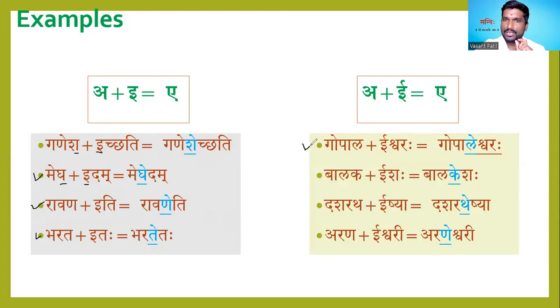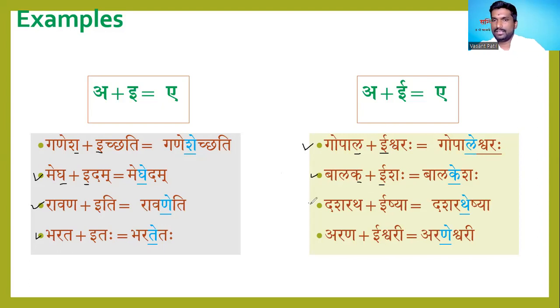Now let us come to long ī. Here in la there is a, and this ī will become e. Gopala plus Ishwarah, Gopaleshwarah. Balaka plus Ishah, here also a is there, ī is there. Swara Sandhi will happen because the rule is if a is followed by i or ī, it will become e.